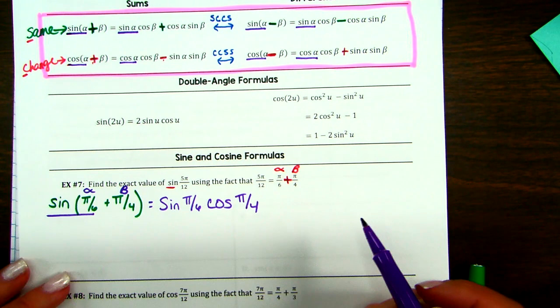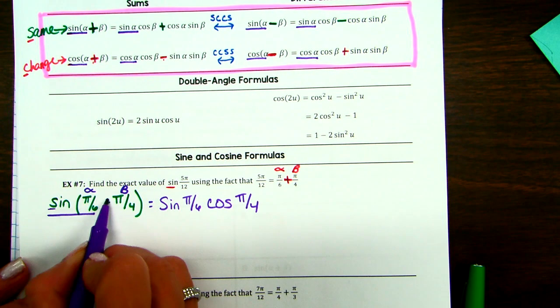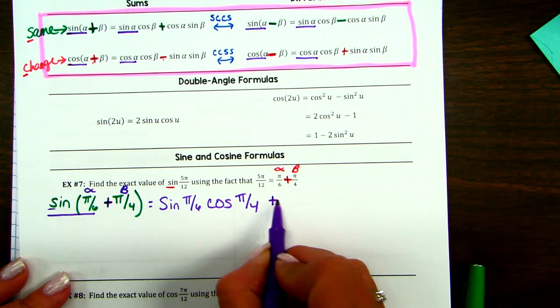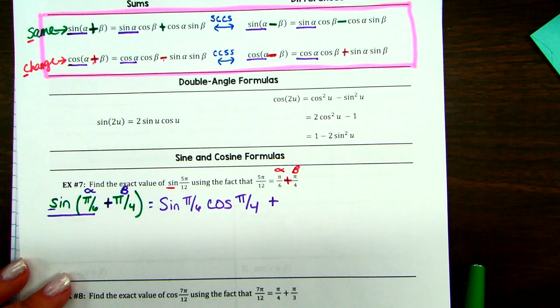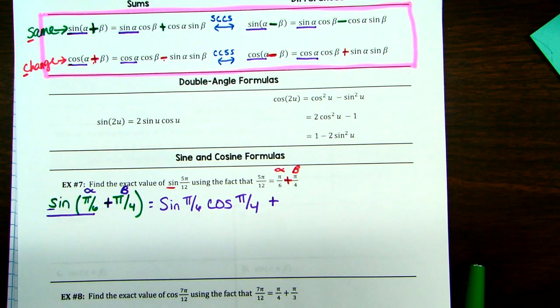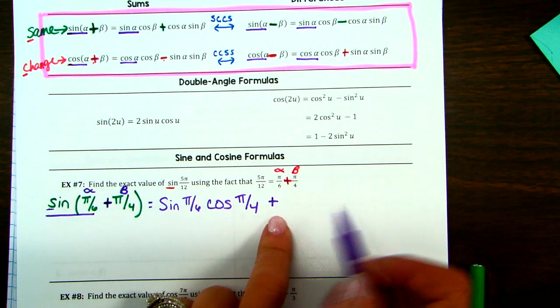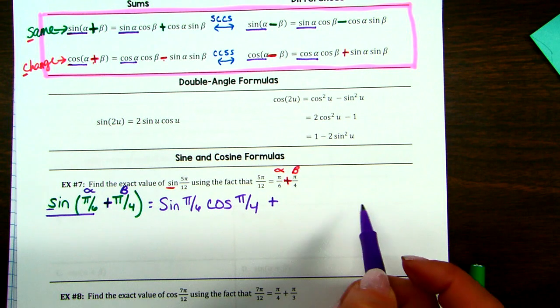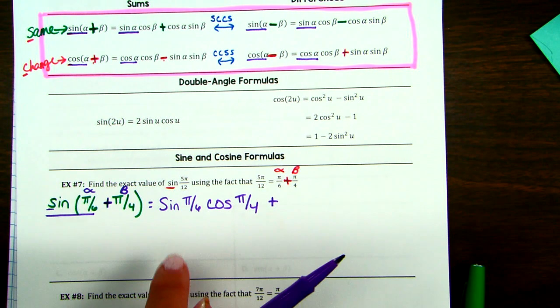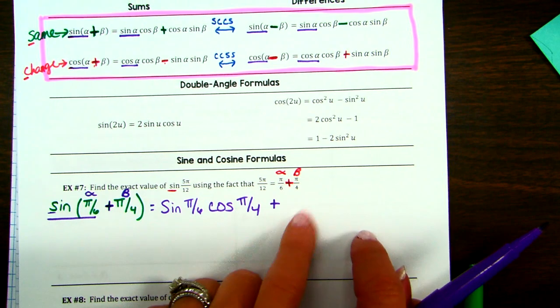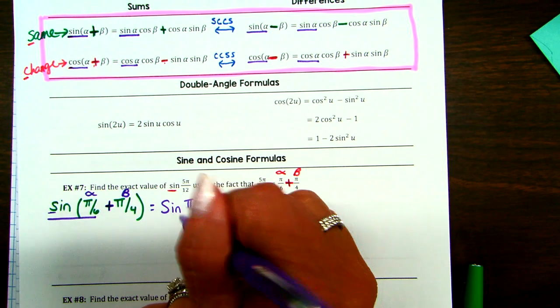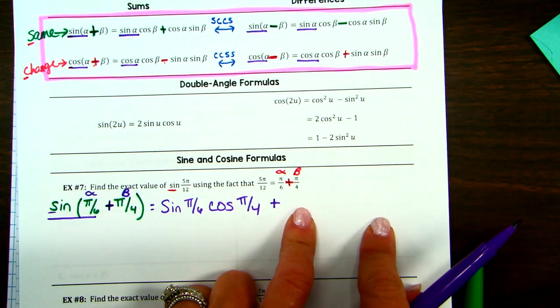All four formulas. Then sine starts with an S. That means same, plus. Now here's where I worry that we could make a mistake. How do I remember? I thought, how do I teach them to do cosine first and then sine? Because you might do sine first and then cosine. Here's the thing. If you remember that alpha and beta have to go in that order, you know this next one's going to be something of pi over 6. So it's pi over 6 and pi over 4 in that order there and here.